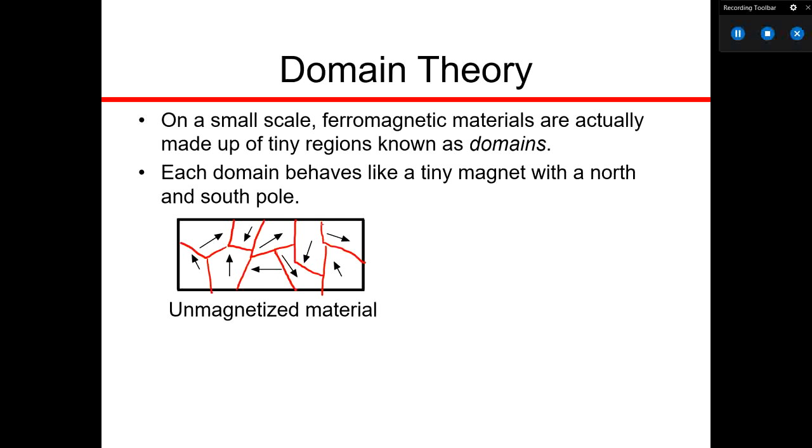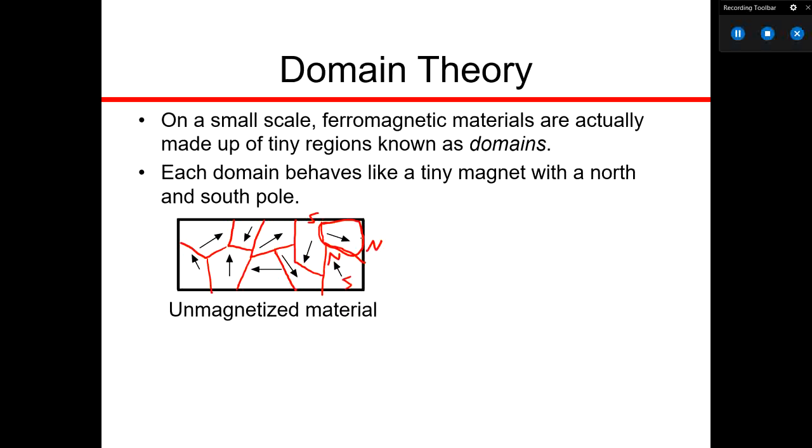So what this domain represents is a bunch of electrons, all spinning in the same direction, causing a permanent magnetic field with a north and a south pole, because they're all compounding on top of each other, creating a stronger field.